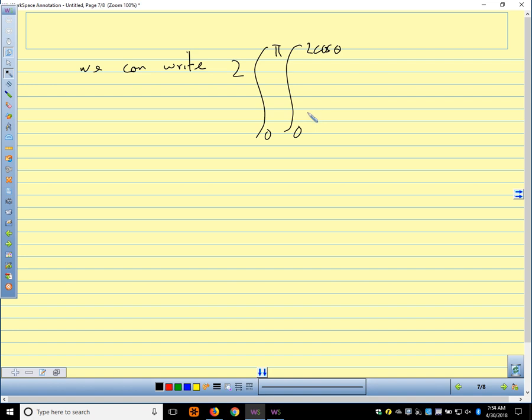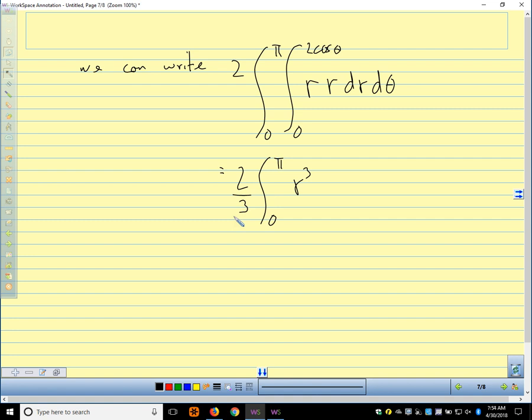And then our integrand is just r times r dr d theta. So we get 2 times the integral from 0 to pi of r cubed, I'm going to put a 3 out there, r cubed over 3 from 0 to 2 cosine theta d theta.